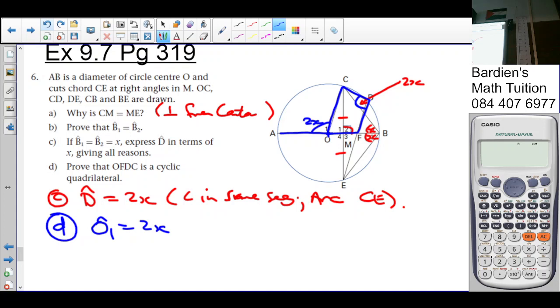Angle at center is twice angle at circumference. Not O, it's O1. So angle O1 is equal to 2x. Angle at center is equal to 2 times angle at circumference.